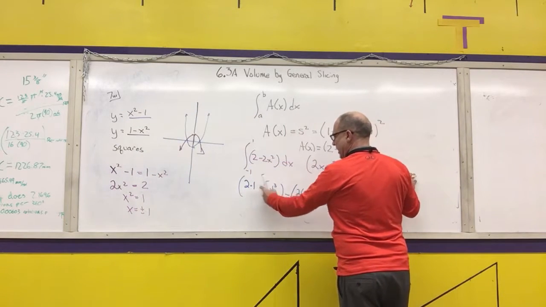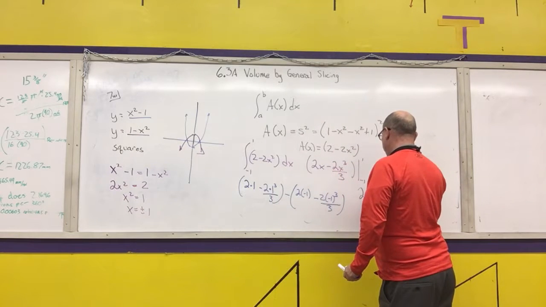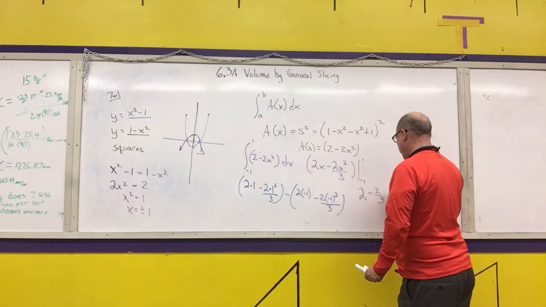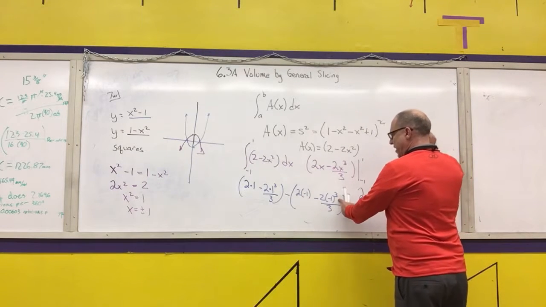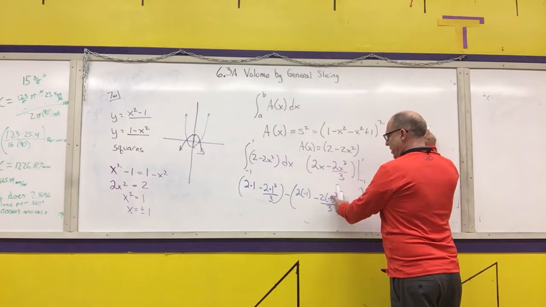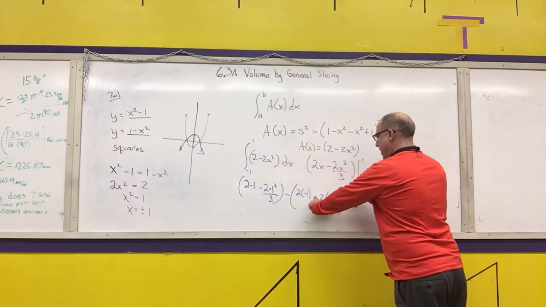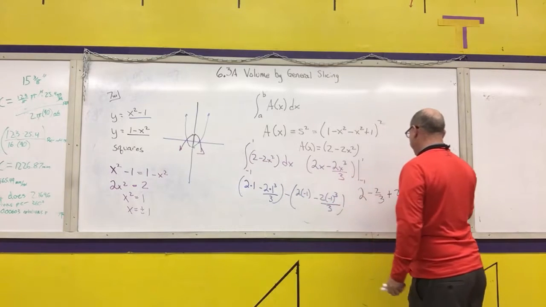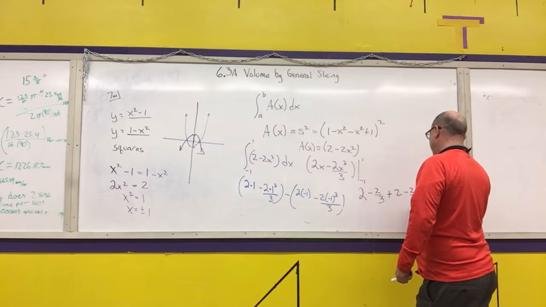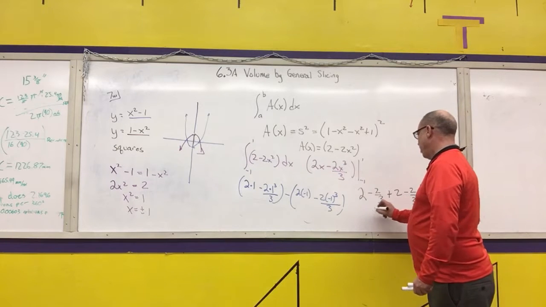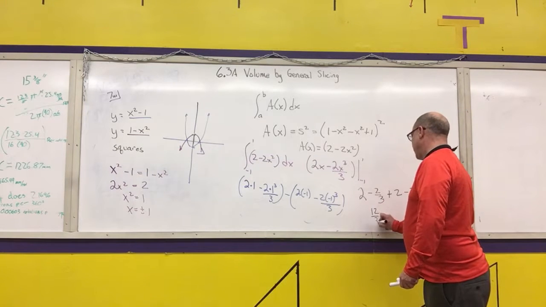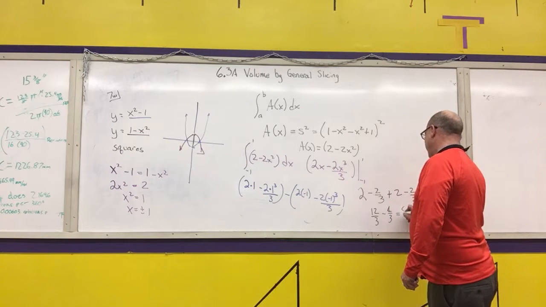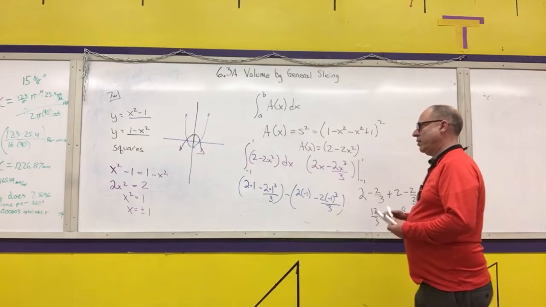That's 1. That's -2/3. -2 times a negative is plus 2. That would be a -1. So that part right there would be a -2/3, which turns into a +2/3, which turns into another -2/3. So I have 2 plus 2 is 4, which is 12/3, minus 4/3. And in this case, my area would be 8/3.